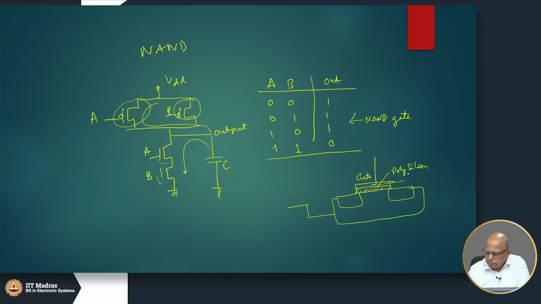The gate is typically made of polysilicon and then there is an oxide, which is a thin oxide, and this is a semiconductor material. So, this is the source and this is the drain. That is what we write as a transistor: this is the gate, this is the source and this is the drain.